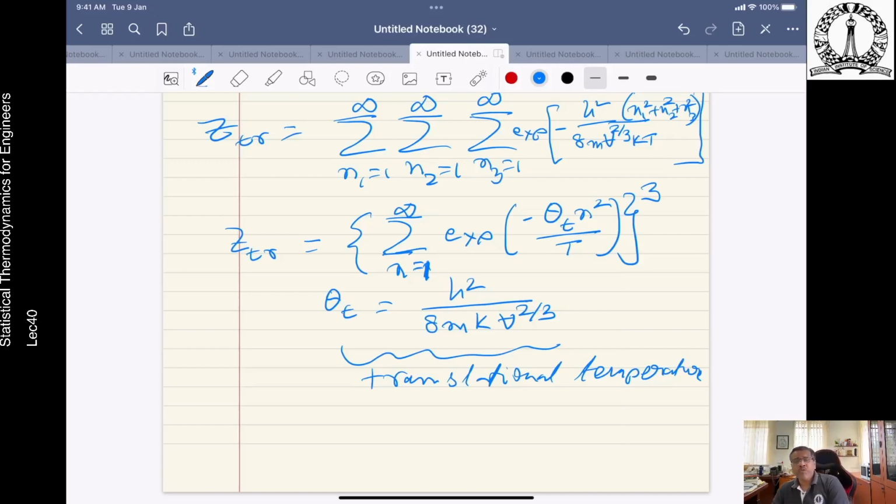So summing over all possible values from unity to infinity, we are indeed accounting for each quantum state as identified by its unique set of quantum numbers, because there's a cube involved. So we recall that theta translational was basically 10 to the power of minus 16 Kelvin.